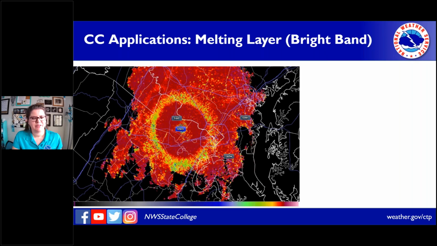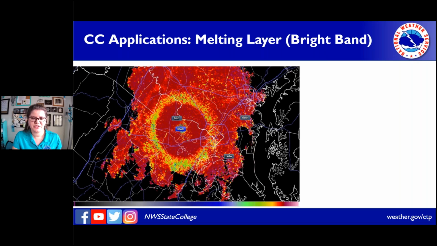So in this ring, we have a combination of melting snowflakes, a combination of rain, and a combination of snow that hasn't melted yet. And since we have rain, liquid water, and snow, which is ice, all together in the same elevation, that is increasing our diversity of shapes, diversity of composition, diversity of particles.